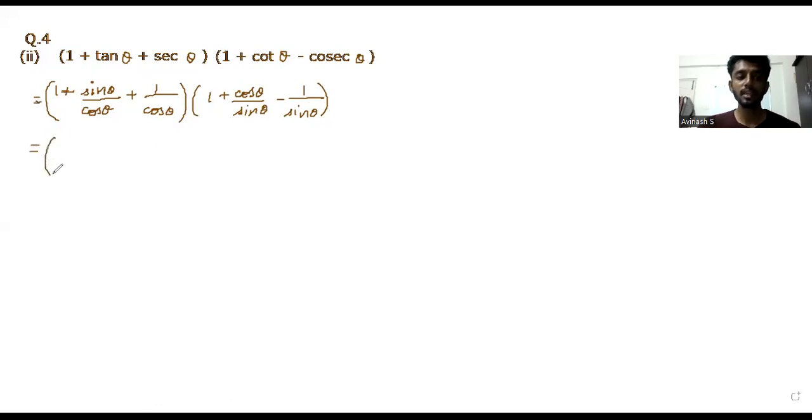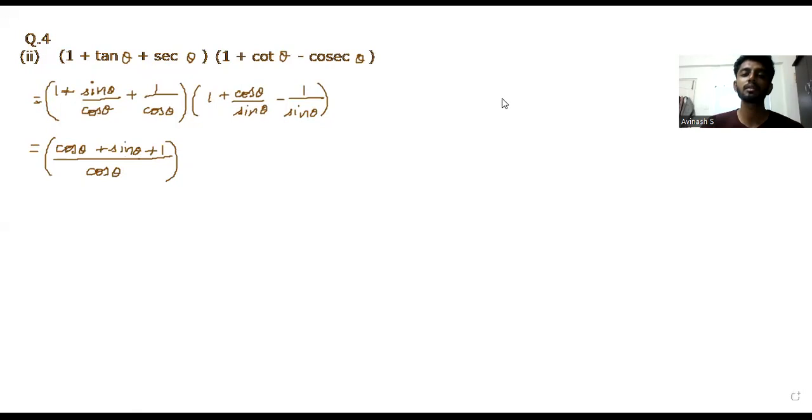So when we take the LCM, we are getting cos theta plus sin theta plus 1 whole divided by cos theta. Let me explain the LCM step again.